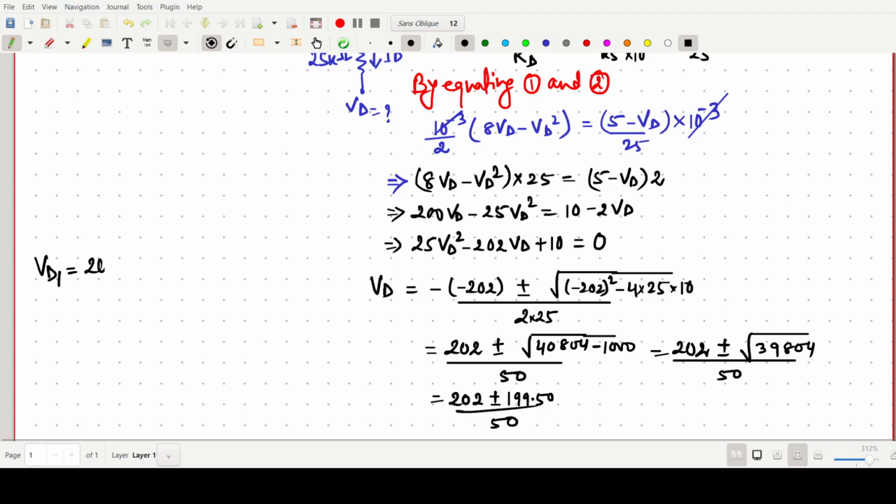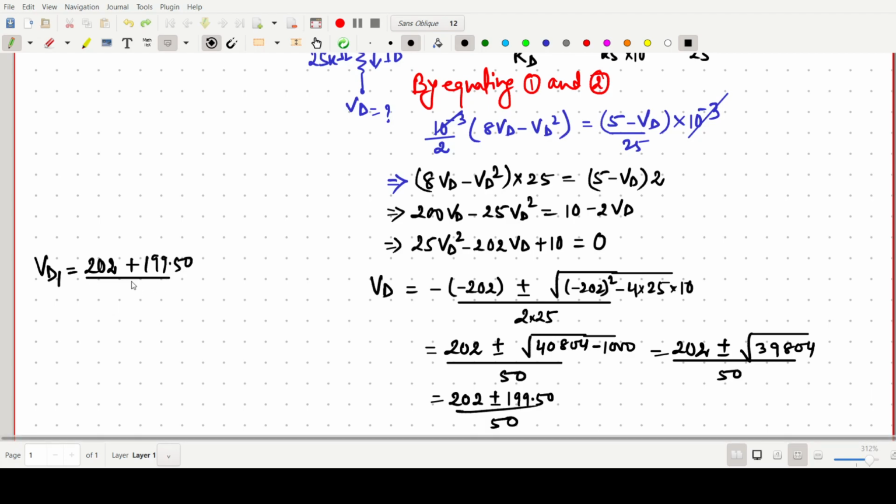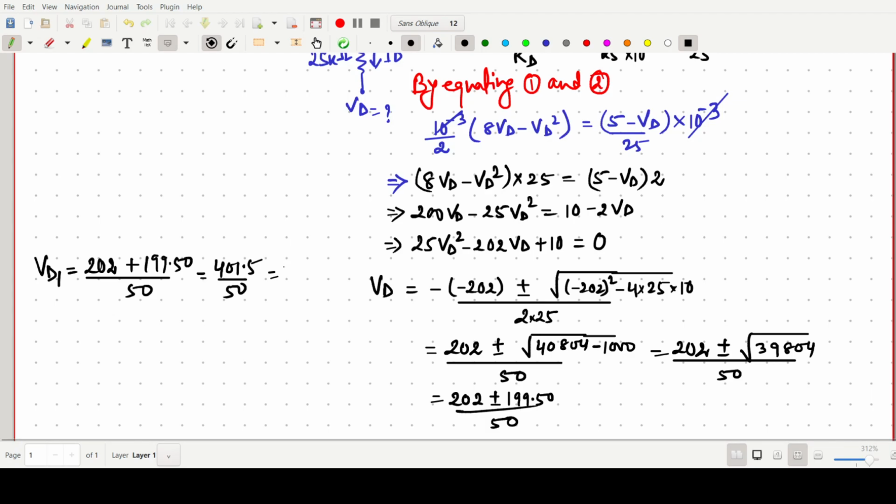Okay, so now there are two roots, so one can write this as VD1. One root is 202 plus 199.50, divided by 50. So this will be around 401.5 by 50, so its value will be around 8.07.